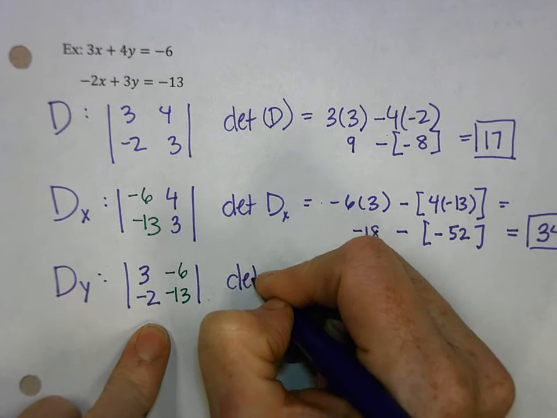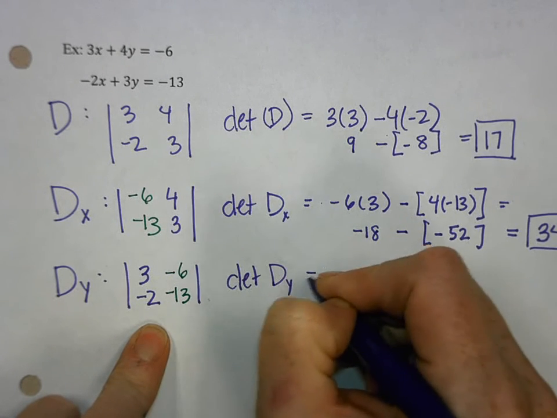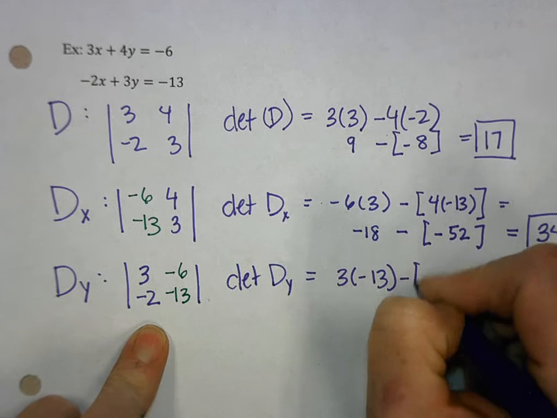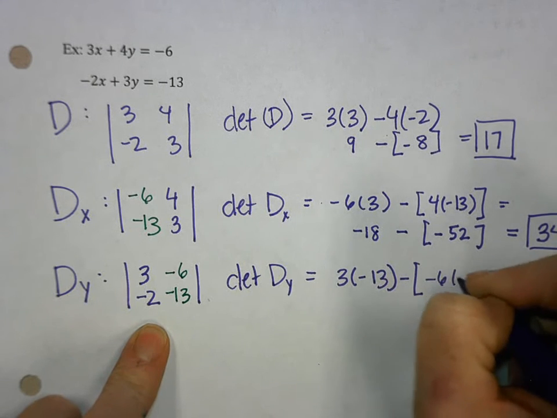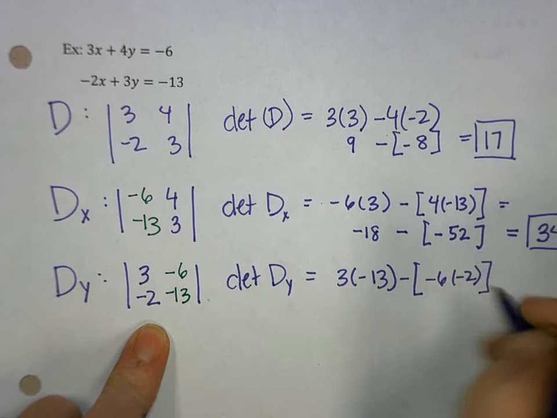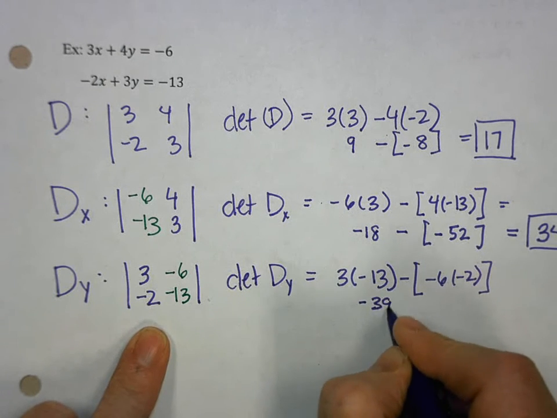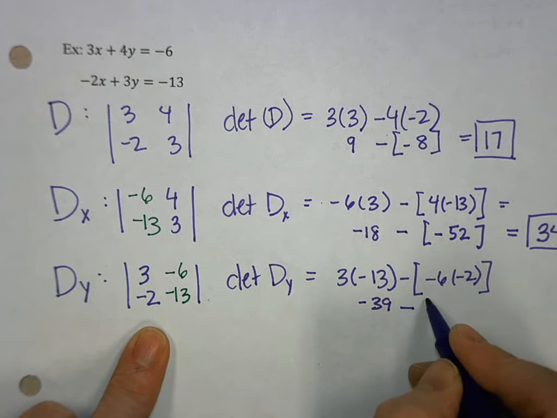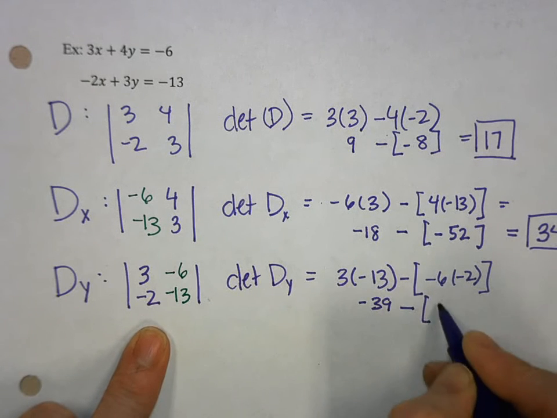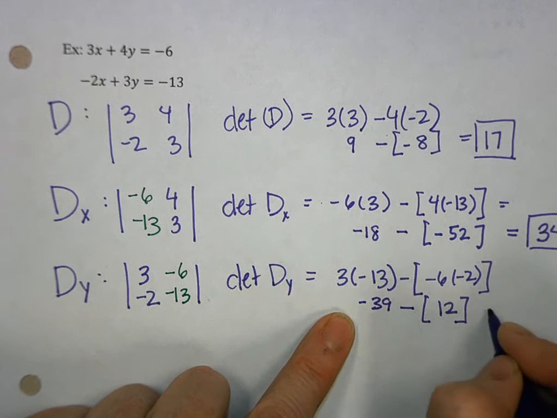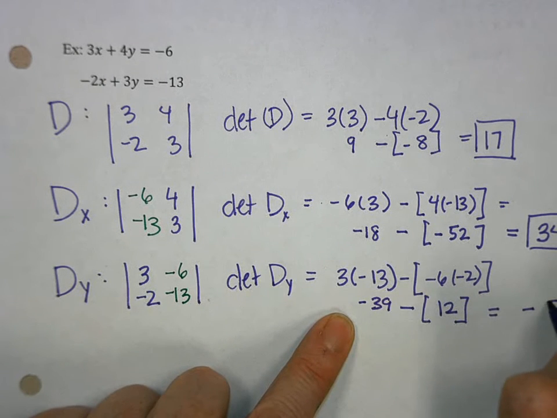The determinant of D of y equals 3 times negative 13 minus negative 6 times negative 2. 3 times negative 13 is negative 39. And then I have minus negative times a negative is a positive. So now I add these 2 negatives together to get negative 51 for my D of y.